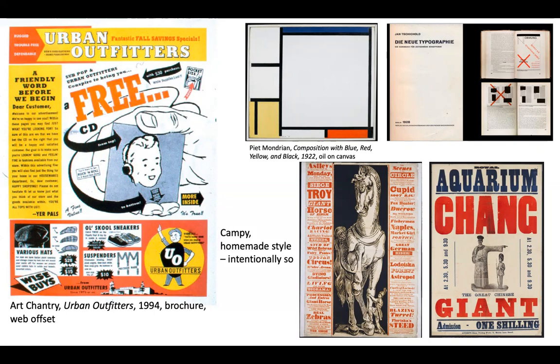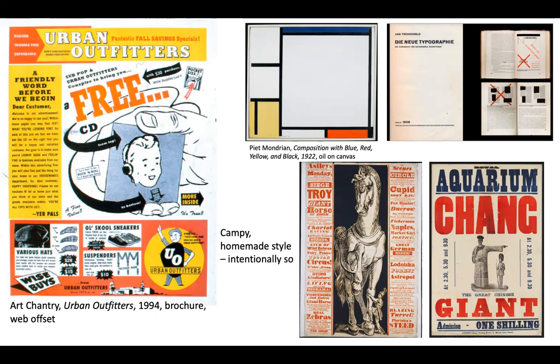First of all, in 1994, this is what Urban Outfitters released as publicity. It's a very interesting piece of graphic design because it is just campy, right? I wouldn't call it kitschy, but definitely it has this simple look to it that is very innocent almost, you could say.